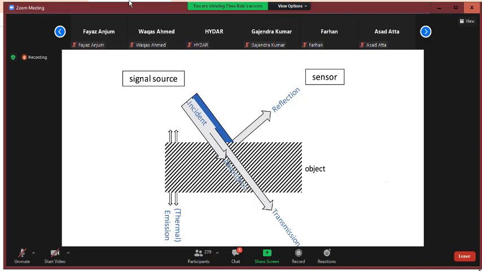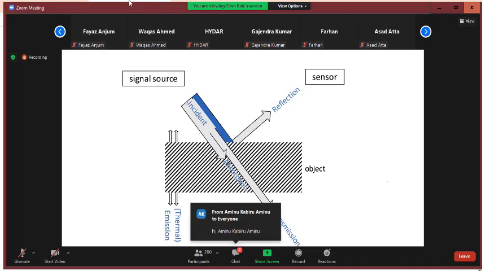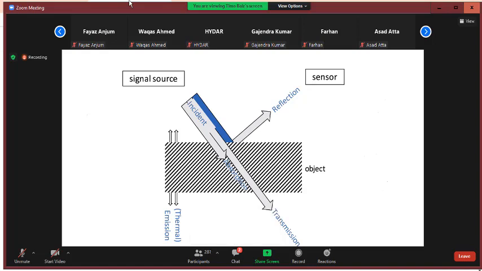It can be absorbed by the object, right? There can be transmission through the object, and we also can have emission from an object. And all of that is also true for microwave remote sensing, right?